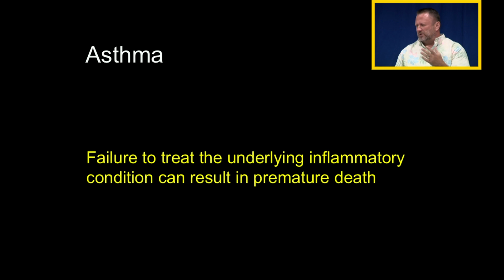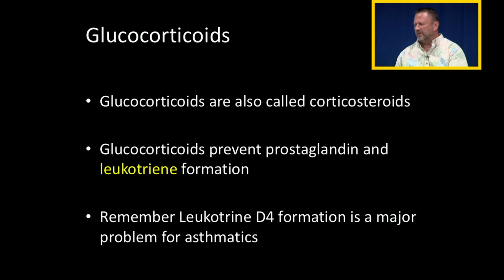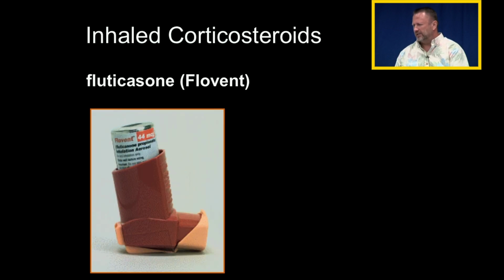And so that's why we use glucocorticoids, because failure to treat the underlying inflammatory condition will really result in premature death. And so that's why glucocorticoids are essential in the treatment of asthma. One inhaler you can use to rescue, but the other one we have to use as maintenance to actually treat the inflammatory condition.